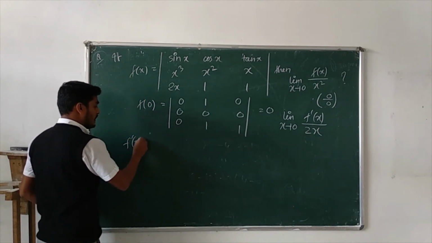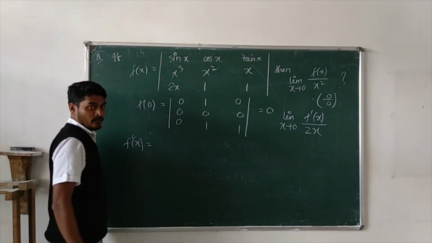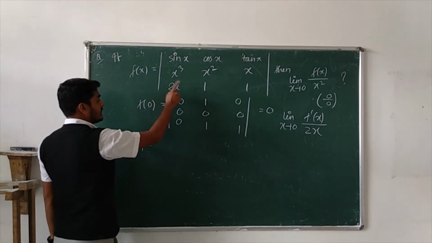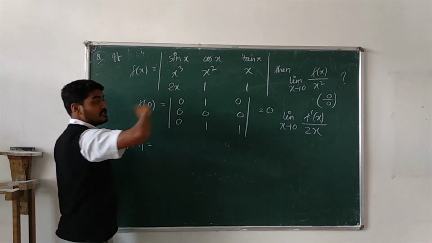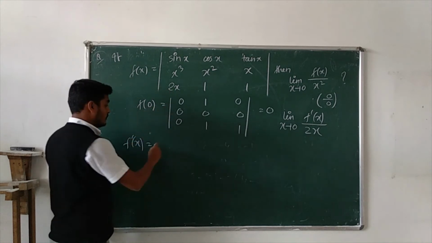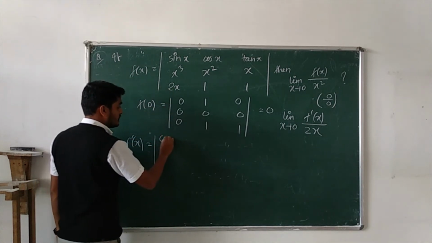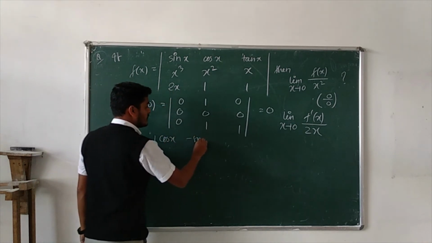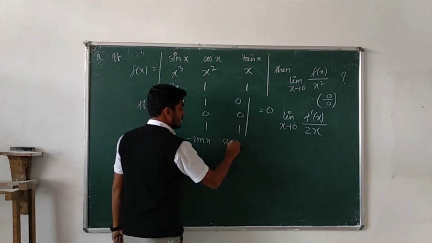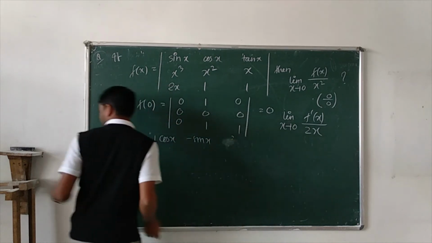Do you know how you can find the derivative of any determinant? Whenever you find the derivative of a determinant, you have to differentiate row wise. So the first row I will differentiate: sin x gives cos x, cos x gives minus sin x, and tan x gives sec square x. Correct? Write it down in the simplest way.